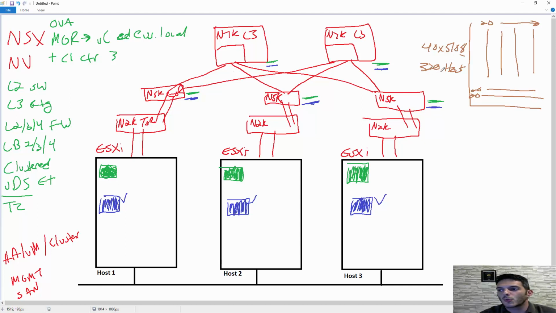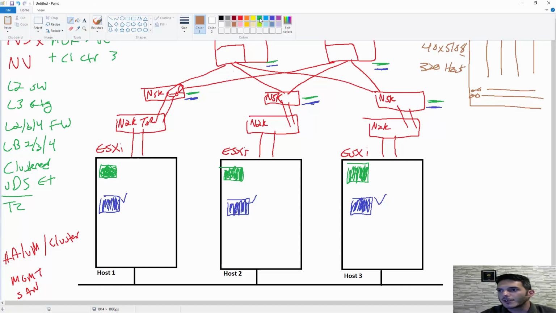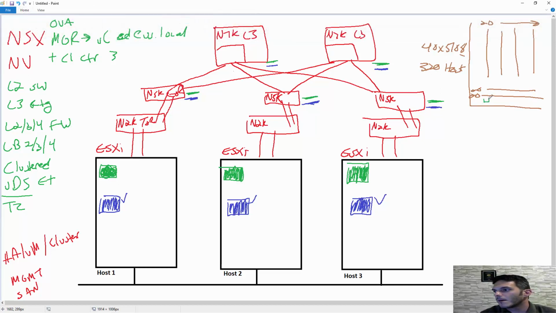Well, if that's the case, that's 320 hosts. Let's say for instance I have a green VM over here, and I have a green VM over here, and I have a green VM over here. That means that however the networking is put together throughout this entire setup, the green VLAN has to be able to communicate from here to here.